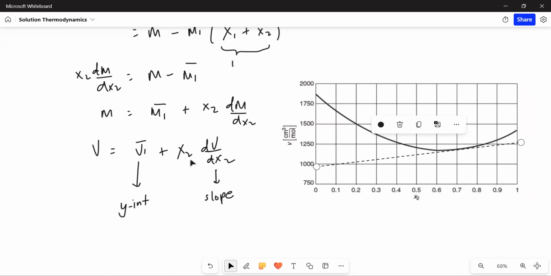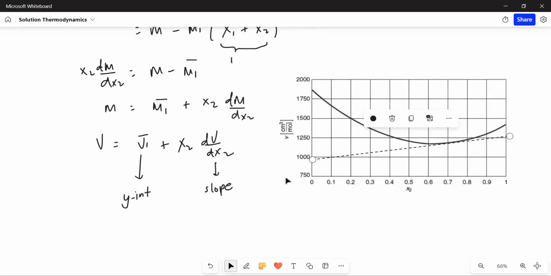Say we're interested when x2 equals 0.7, so that means x1 is 0.3. We draw a tangent line at x2 and read off the y-axis intercept, which would give us the partial molar property for species 1, on the left side of the graph.